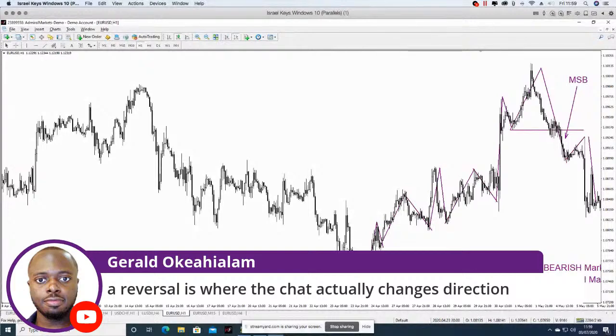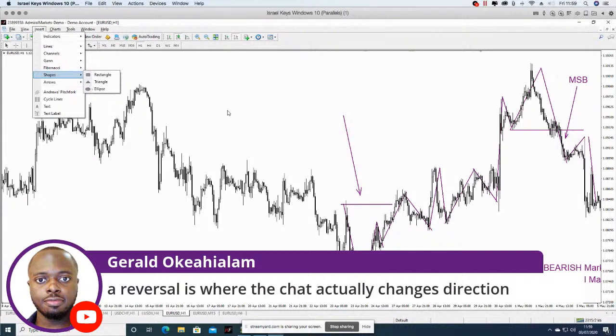This here is an example. So that's there. This is where it breaks structure here. Then it posts a higher low and it starts going. This would be an example of a bullish reversal. Bullish because it changes things into a bullish trend, or it starts bullish market structure.